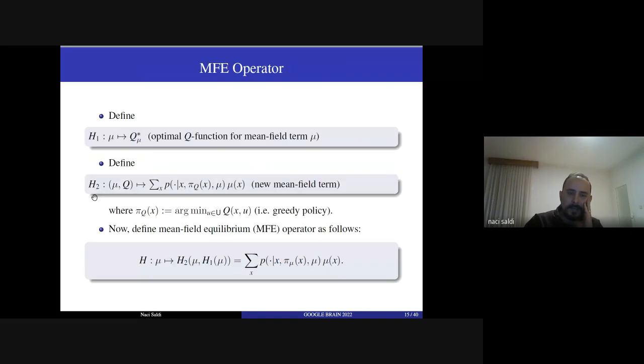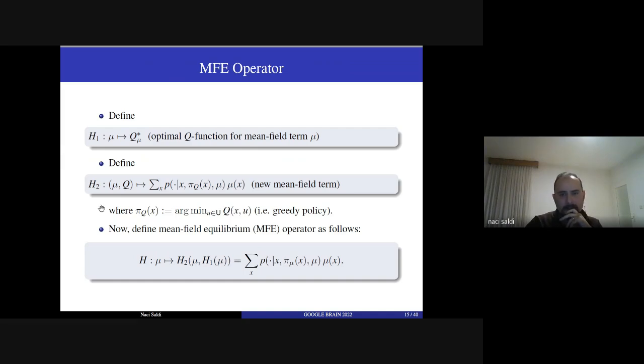And our second mapping is H2, and it does the following. Given any mean field term and Q function, it computes the new mean field term using this equation. Here, pi q depends on the Q function that we have at the input, and it is the policy that minimizes this Q function.